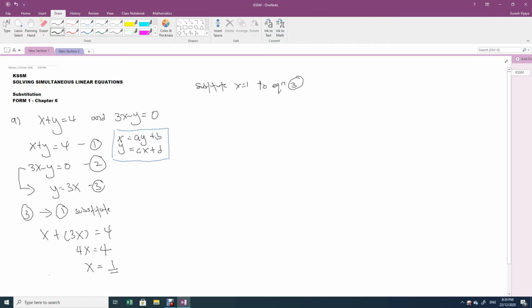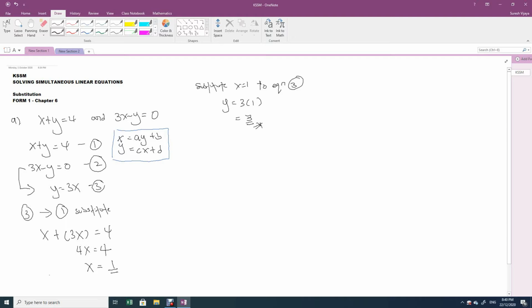So y will be equals to 3 times x, and y will be equals to 3. So this is the solution.